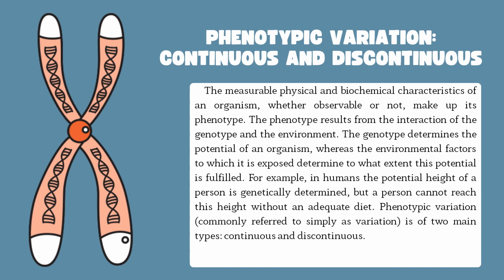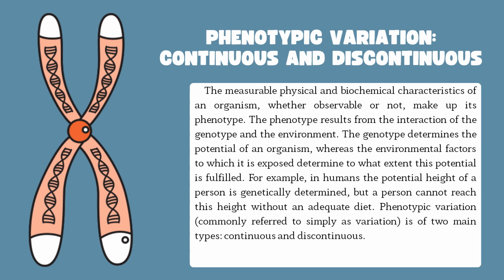The genotype determines the potential of an organism, whereas the environmental factors to which it is exposed determine to what extent this potential is fulfilled. For example, in humans, the potential height of a person is genetically determined, but a person cannot reach this height without an adequate diet.